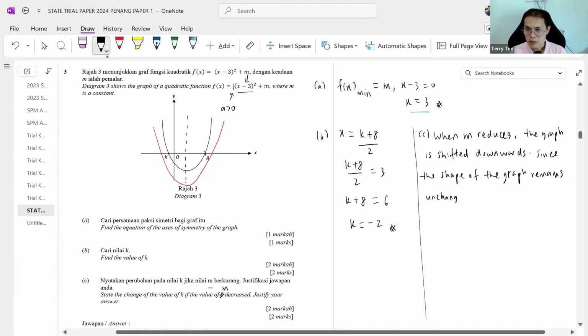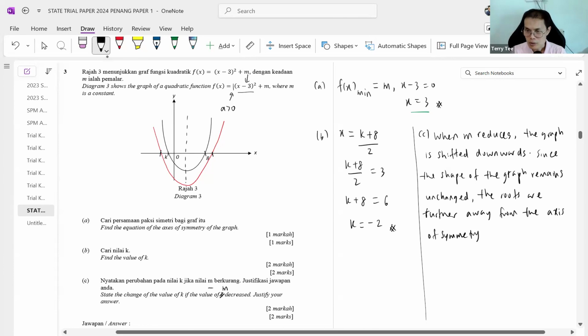So what actually happened here? Now you notice the roots, right? The graph is moving away from the axis of symmetry. So we can say the roots are further away from the axis of symmetry.